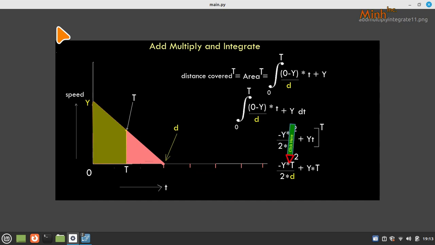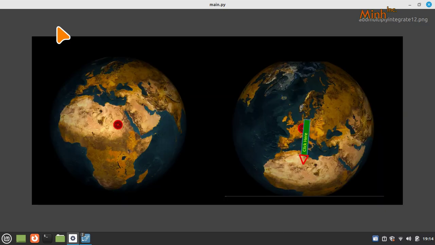I know t because I know how much time has been spent, or how much of the time span is over. And what is the total time, so that at any moment we can calculate how much distance it has traveled. If I know how much distance it should travel by this time and how much distance it has traveled by now, then it would help us in rotating the globe.